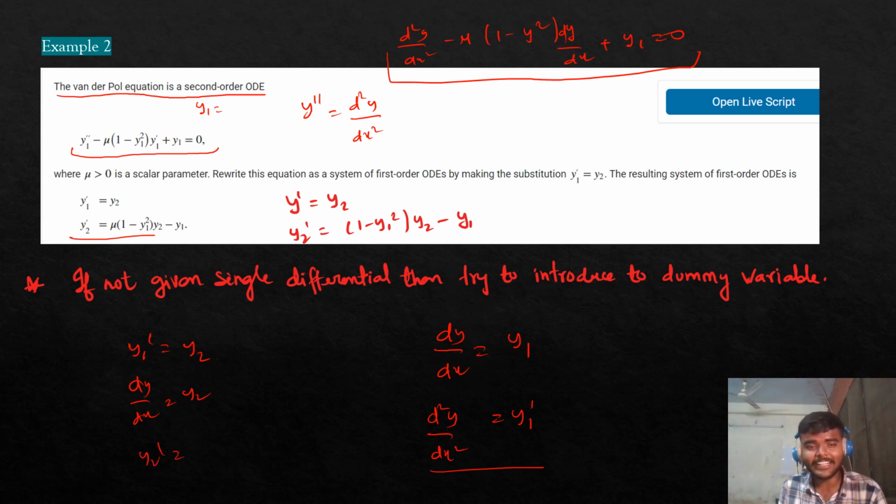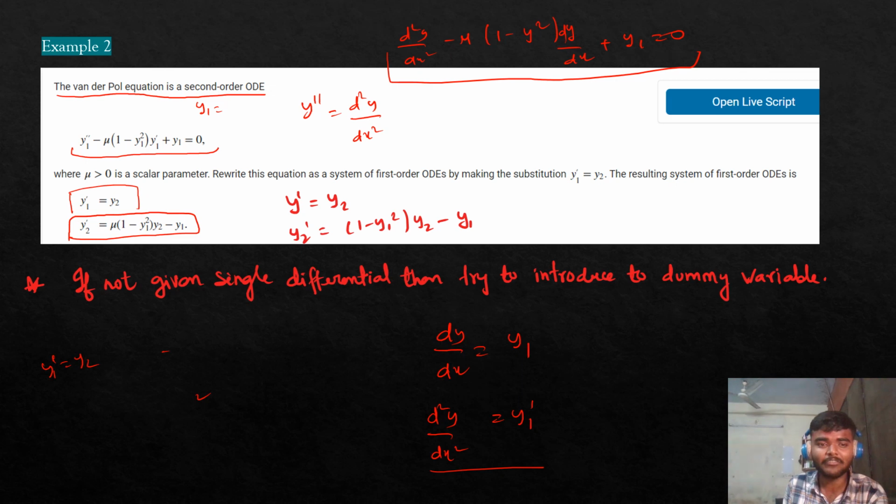In the second line we have to put our whole equation in the form of y2, and we also have to show whatever we assigned. So we assigned y1 dash is equal to y2, and in the second line we wrote our full differential equation in the form of y2.